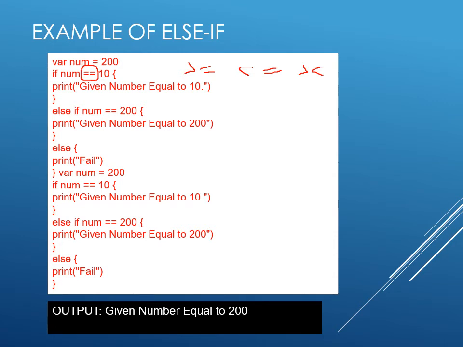For example, we can also write if the number is less than or equal to 10, if the number is greater than or equal to 10, else print anything. So these comparison operators can also be used in these conditional statements to check different types of conditions from different perspectives.